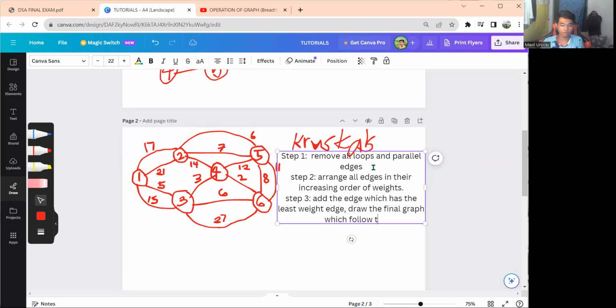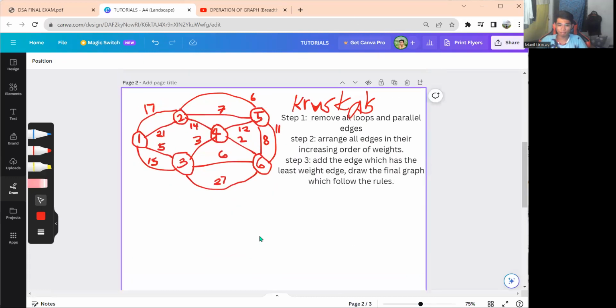Follow the rules so that nothing is disconnected. You choose those paths that do not cycle. Then, of course, total all of the minimum spanning tree. Okay. So here, we are done with the steps.